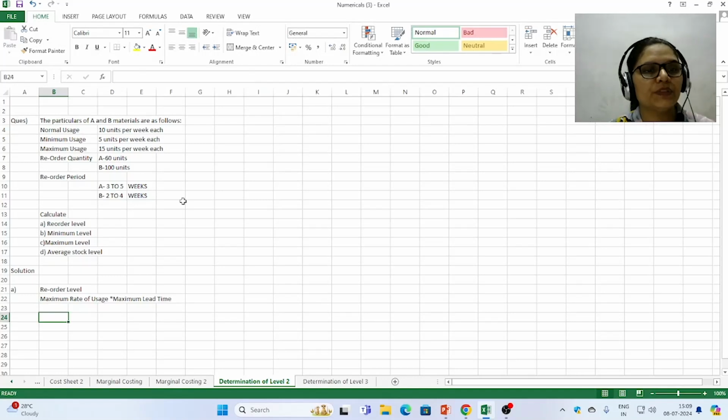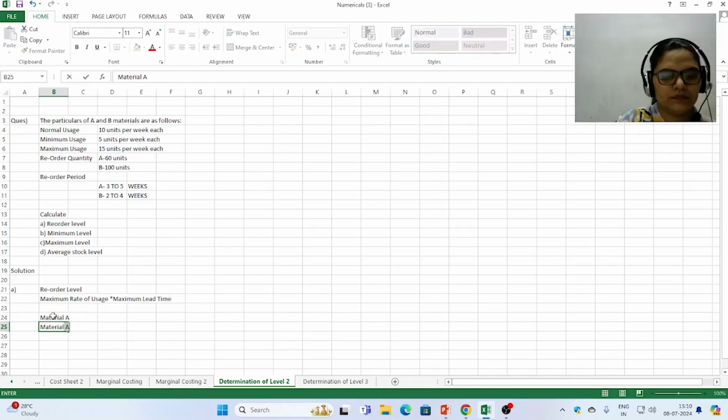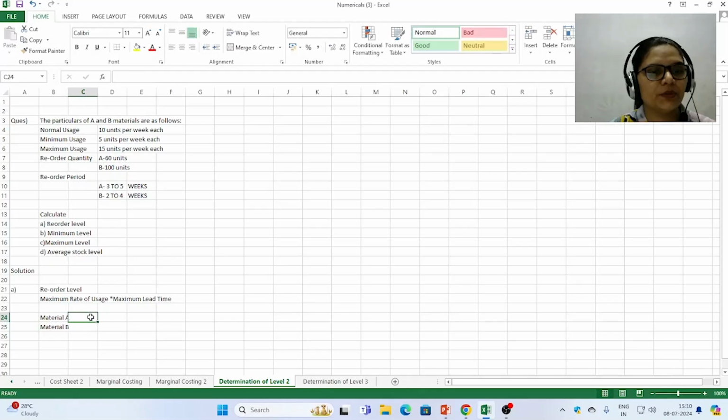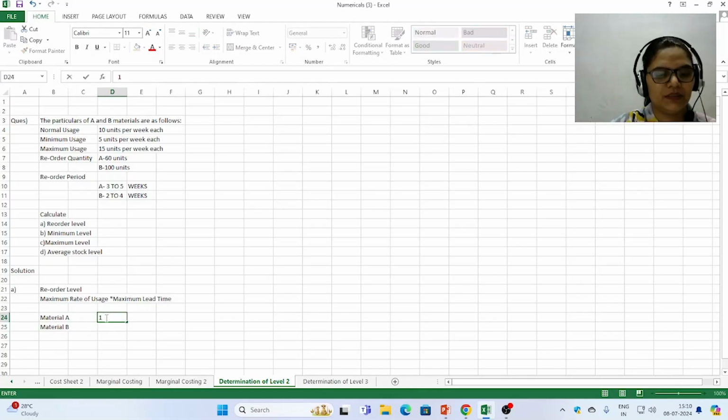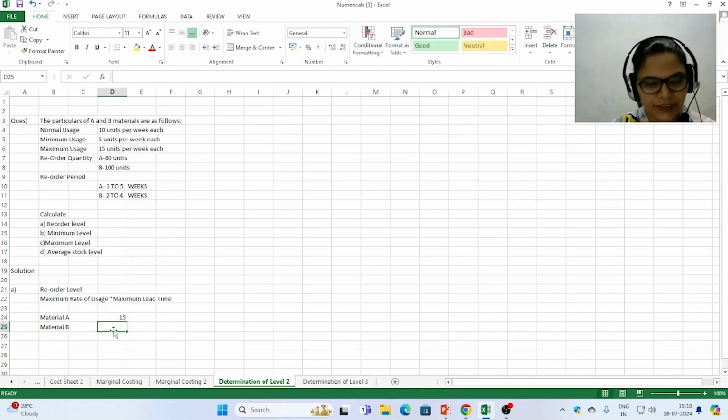Maximum rate of usage has been given as 15 units. Now we will calculate this usage material-wise for material A and material B. For material A, we know maximum usage is 15 units. And for material B also, it will be 15 units because there's nothing specifically mentioned regarding material A and material B.